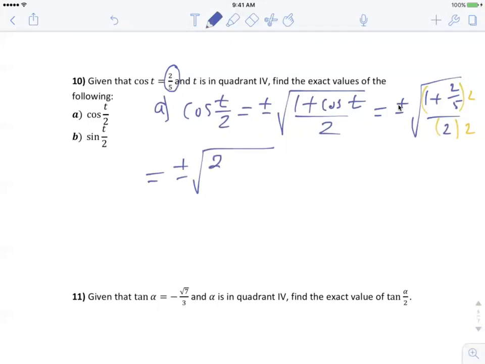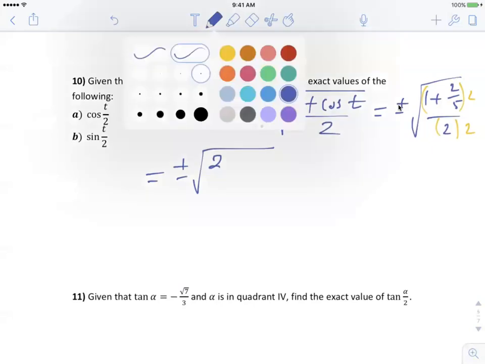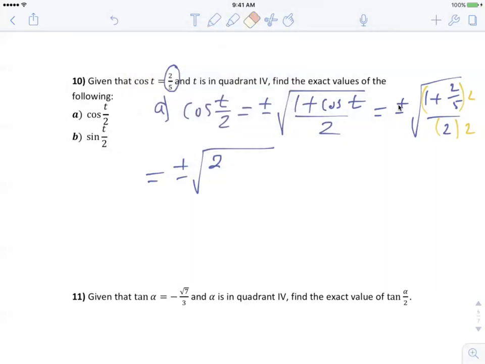Hey, sorry, not 2. What am I talking about? The denominator is 5. You're probably like, oh, he's making a mistake. Okay, I caught it. Let's erase those. Should be 5. My bad. There we go. So I'm going to have 5 plus 2 all over 10.